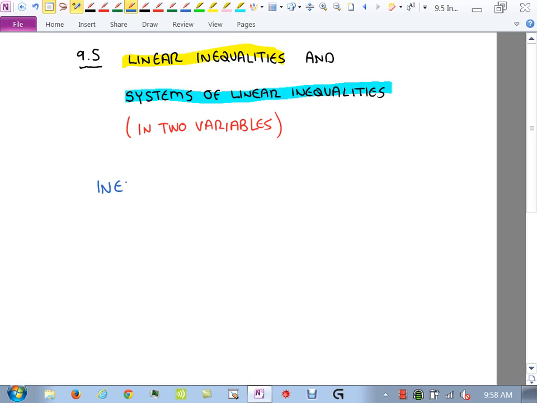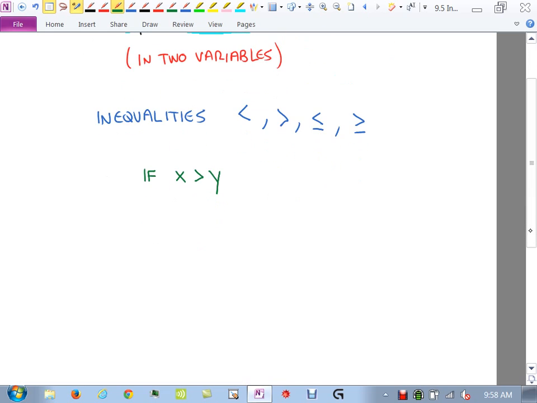Inequalities look like this. There are 4 of them. This, this, this, and this. Have you seen those before? Okay. So here's the definition of those. If I say x, and then I put this symbol here, what does that mean? X is greater than y, right?